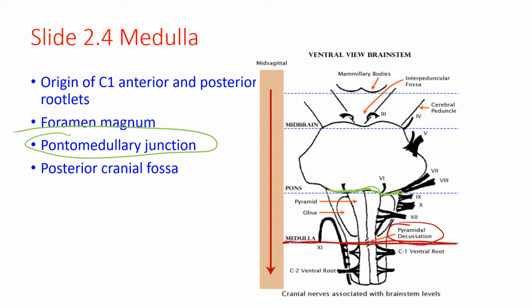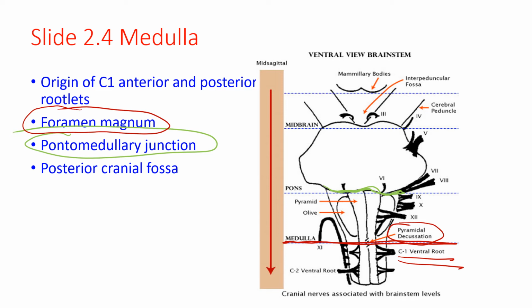We could also use as a skeletal boundary the foramen magnum. And we said that if the structure was inside the skull, it was medulla. If it was outside the skull, it was spinal cord. But we can also use as a very precise boundary where the C1 nerve rootlets are found.